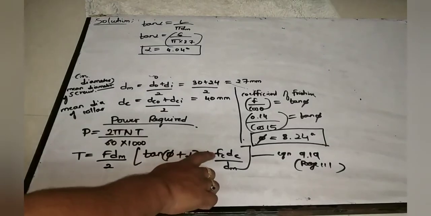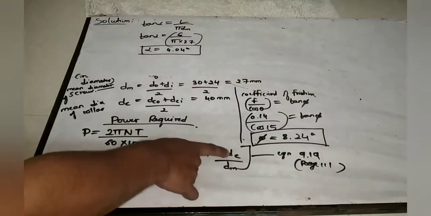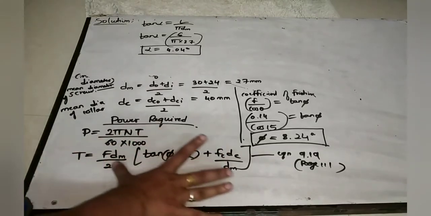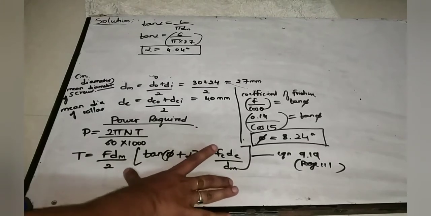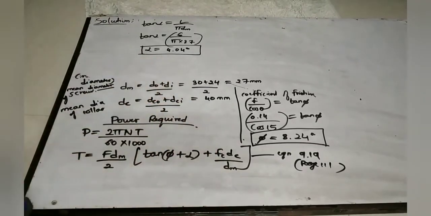So FC is given in the data of the question only. The mean diameter of a collar DC, that also we know, and the mean diameter of a screw. So we have got all the values. We will substitute now, and we'll get a torque value.